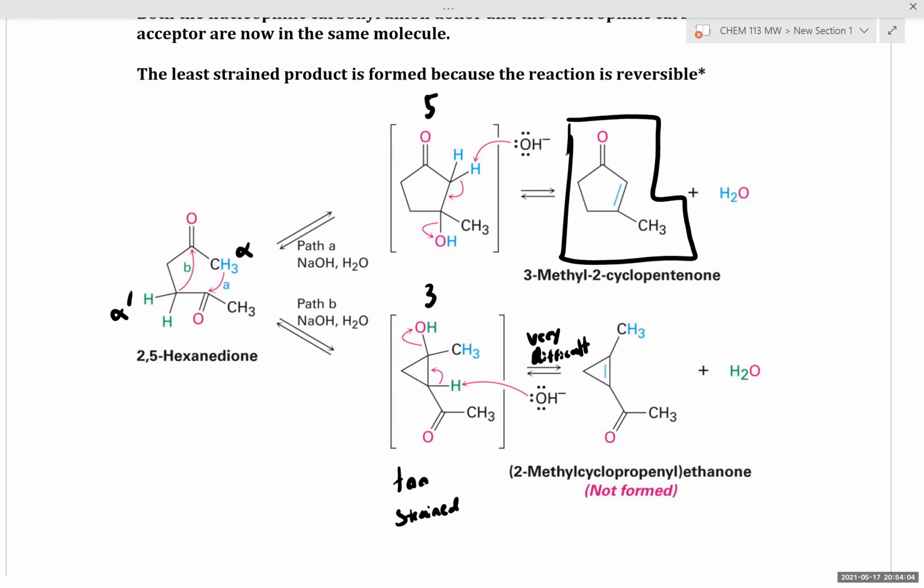Does this idea make sense to everyone? Is everyone comfortable with this example?